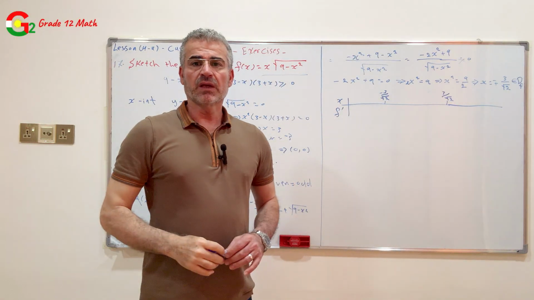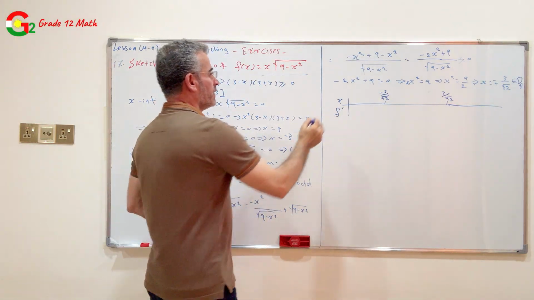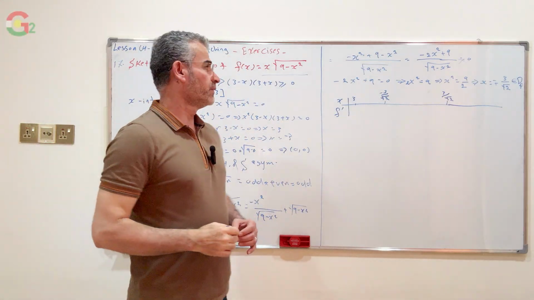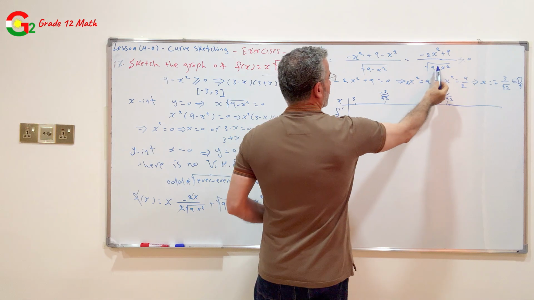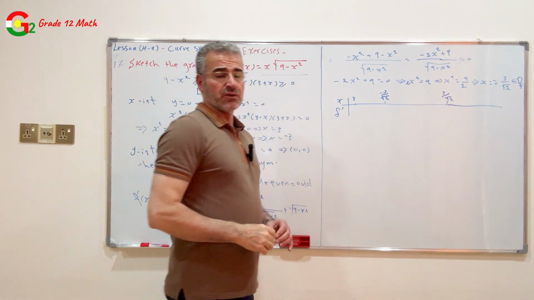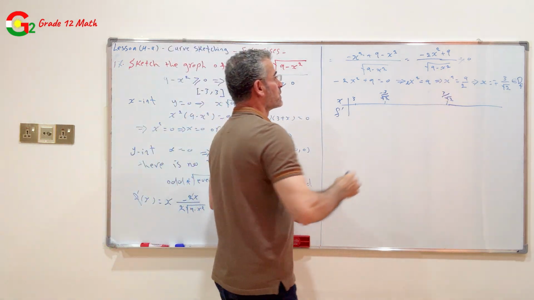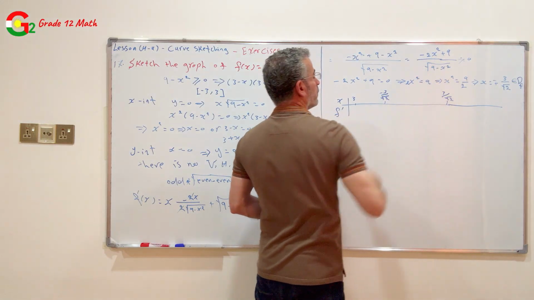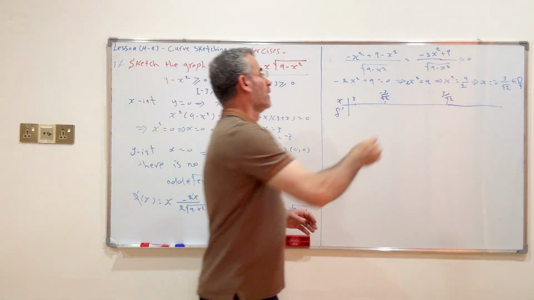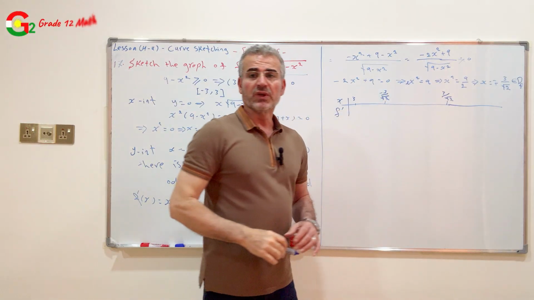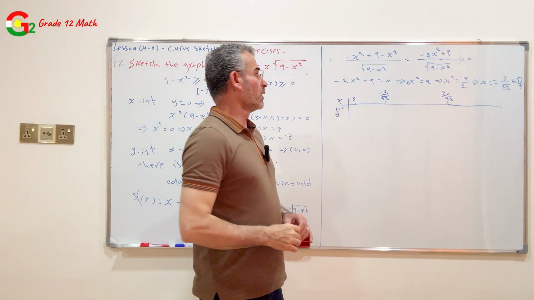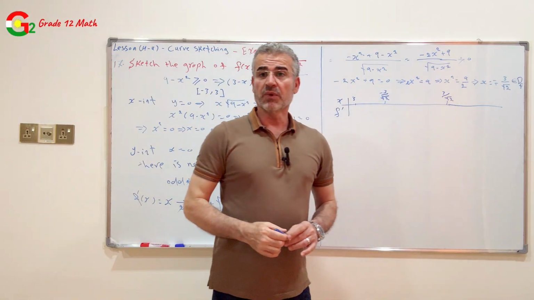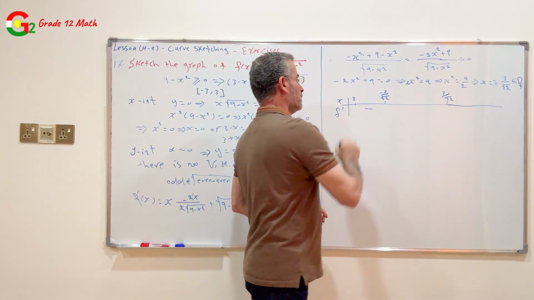Before negative 3 over the square root of 2, between negative 3 and that point, take 2.5. 9 minus 2.5 squared is positive, of course. 5 over 2 squared is 25 over 4, times 2 is 25 over 2, which is 12.5. Negative 12.5 plus 9 is a negative value.